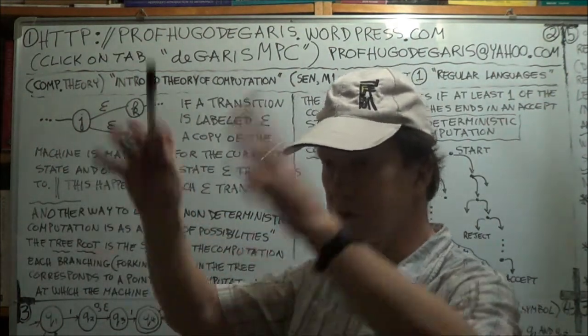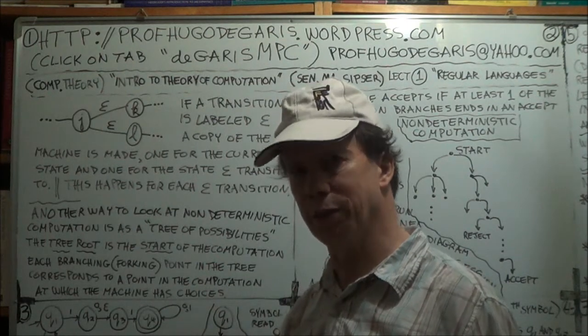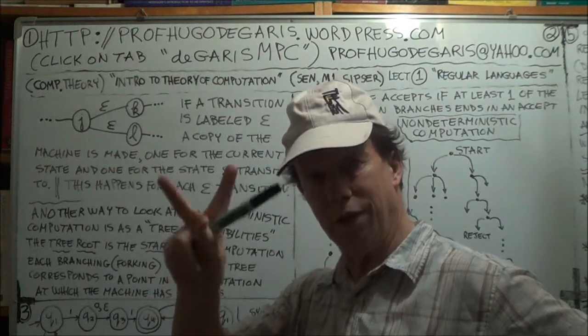You split. So you magically create another copy of your whole machine, your whole automaton, right? So there are two copies.